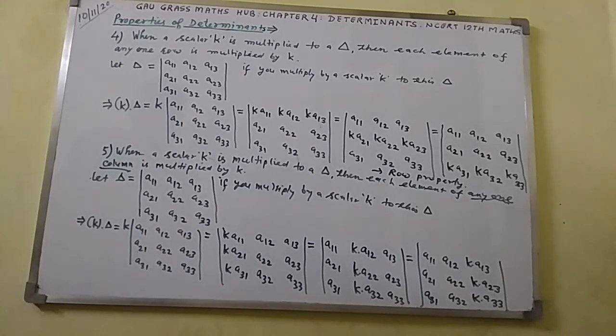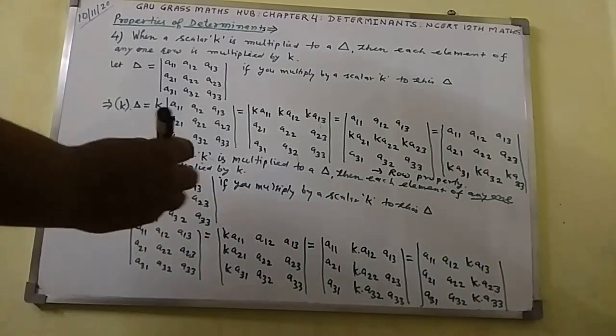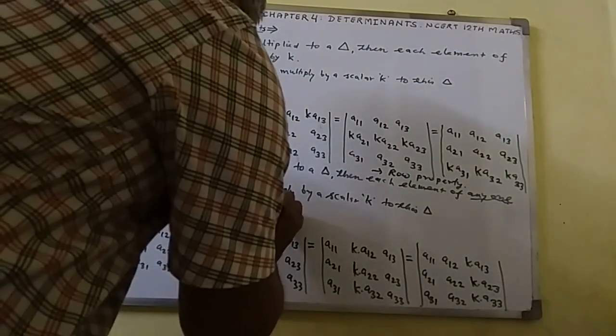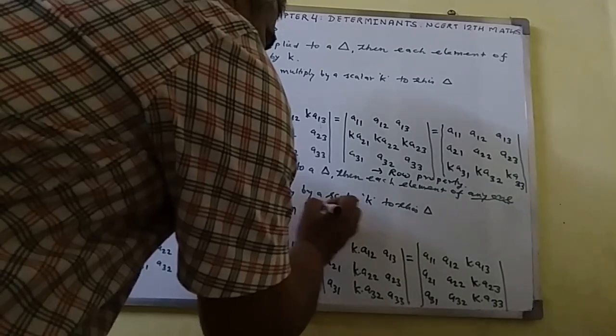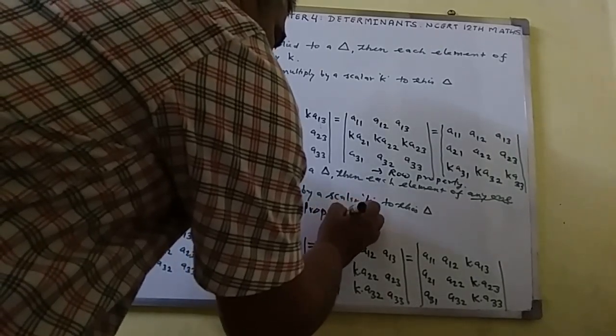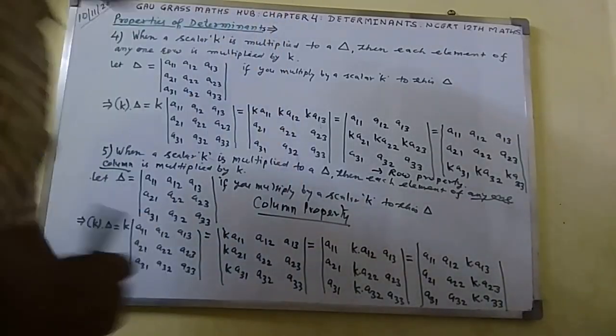So this is the proper explanation of the row property and column property. Here you can mark the column property. This is the column property.